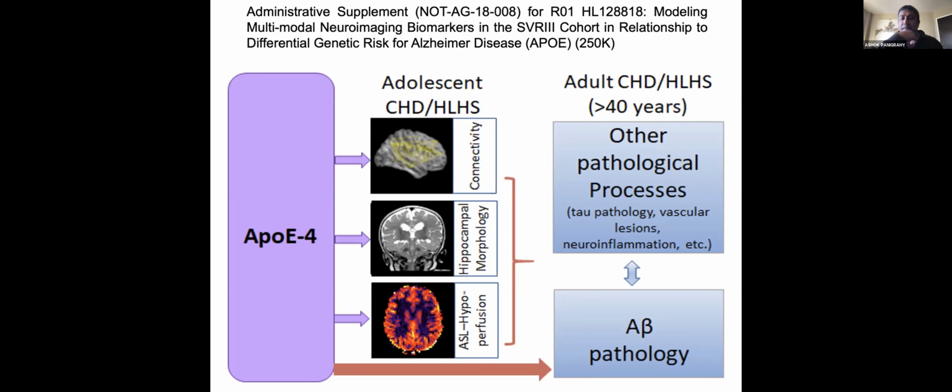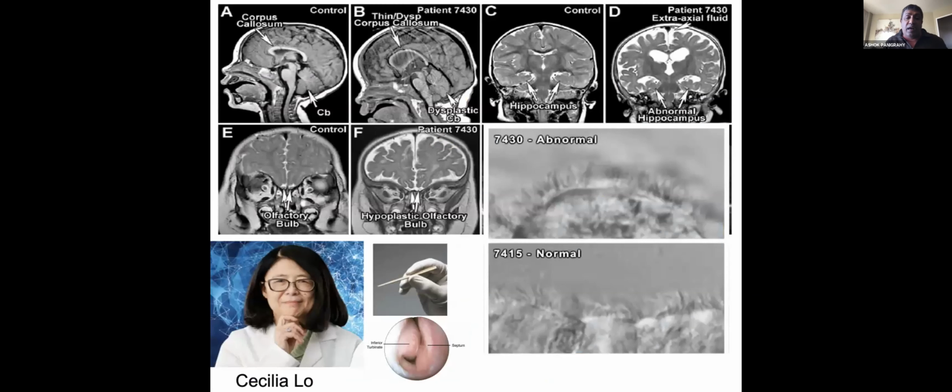And I think the adolescent period in the congenital heart disease cohort may be that critical period where we see these changes. Our genetics collaborator, Cecilia Lo, who's the chair of developmental biology, we have been starting to get into different unique ways that we can start matching different kinds of phenotype.